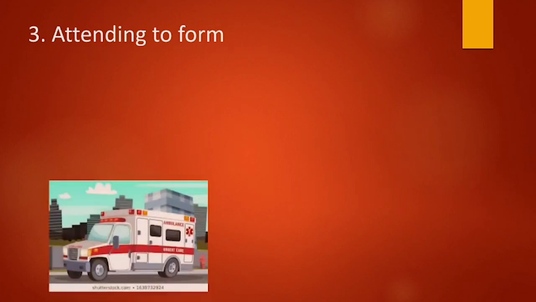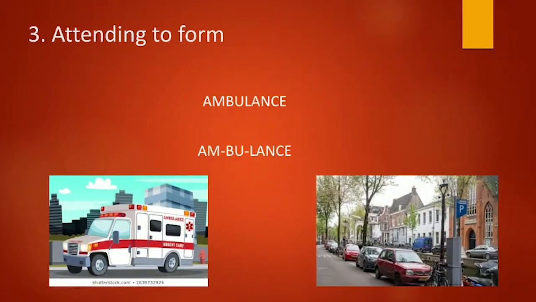And then the third is attending to form. Okay, in this part, attending to form is how a word is pronounced and how it is written. For example, ambulance. Ambulance. So we stress the words and we give them two pictures.